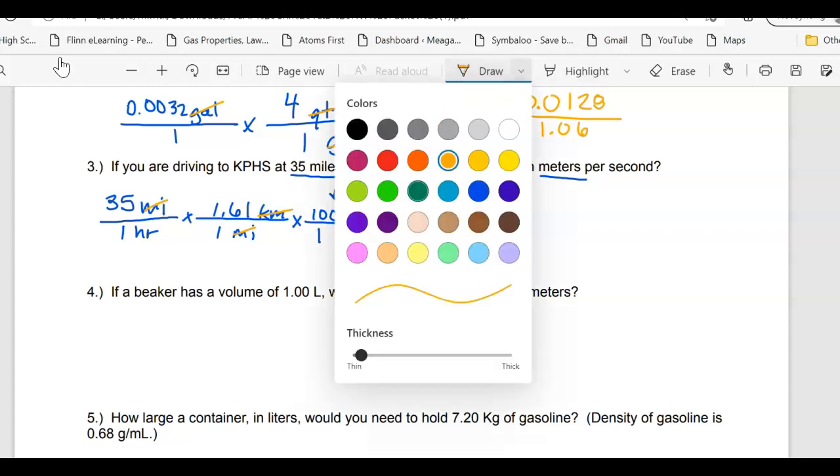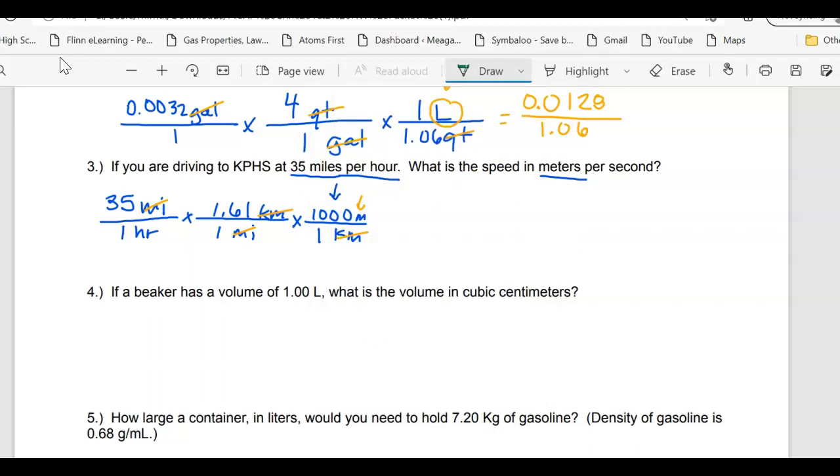Now we're going to start looking at the time aspect of it. I need to go from hours to minutes to seconds. But the only thing is, I want you to look at this. Now the hour is on the bottom. So if I want to cancel that out, I have to go to the top here. So I'm going to put hour up here.